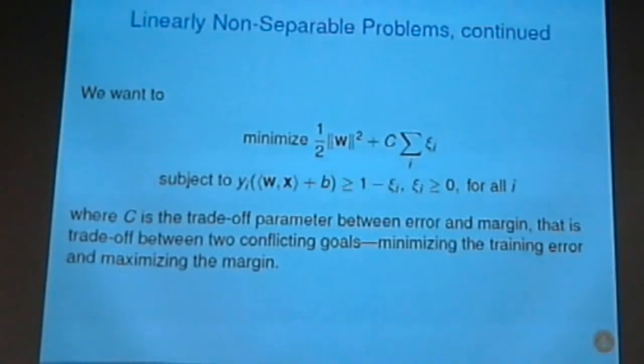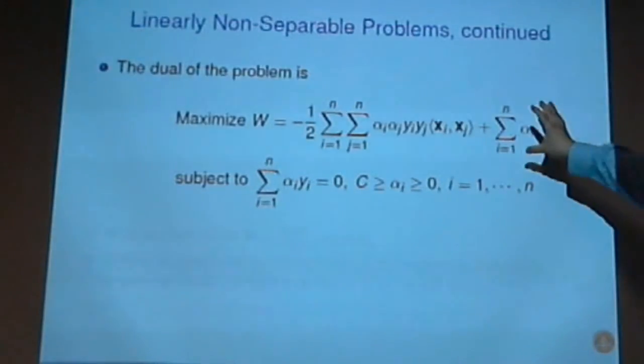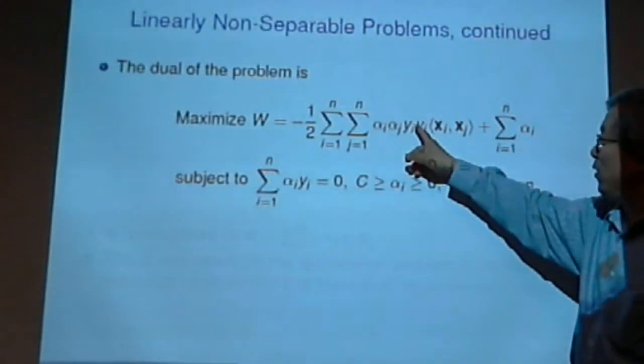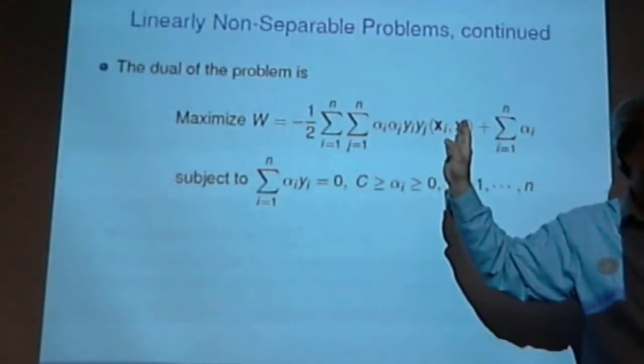C is the trade-off parameter between error and margin. It trades off two conflicting goals: minimizing the training error and maximizing the margin. Let's see how we are going to balance between these two. For non-separable problems, the objective function still involves feature vectors only through the inner product. That's a nice thing here.